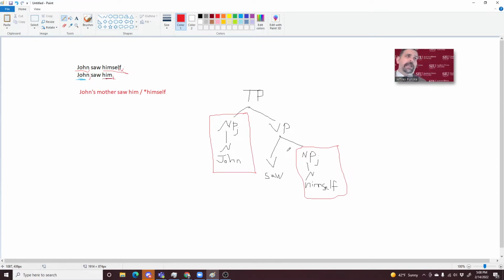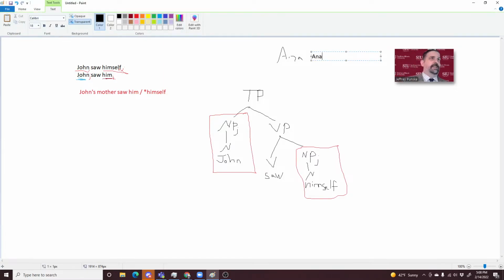Maybe we can make some observations here. We can say that these types of expressions, anaphors, need to be C-commanded and co-indexed by their antecedent.